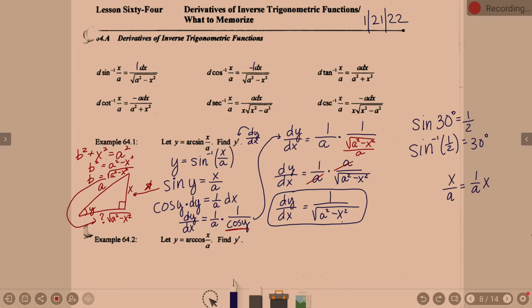I'm trying to think, which ones are we working out today? Okay, so we're set to work out sine, cosine, tangent, and cosecant. What are you feeling? Do you want to work cosine out?